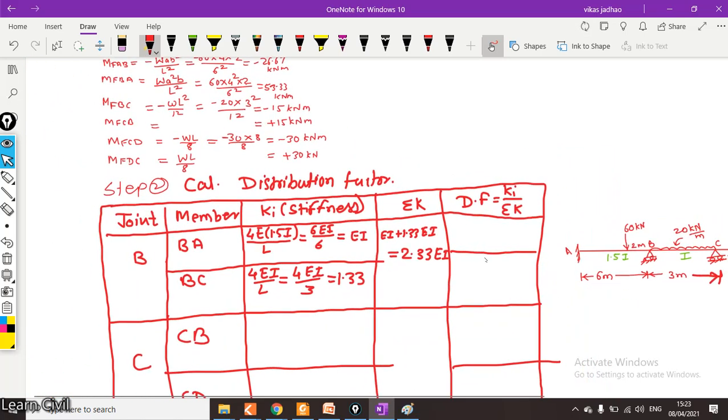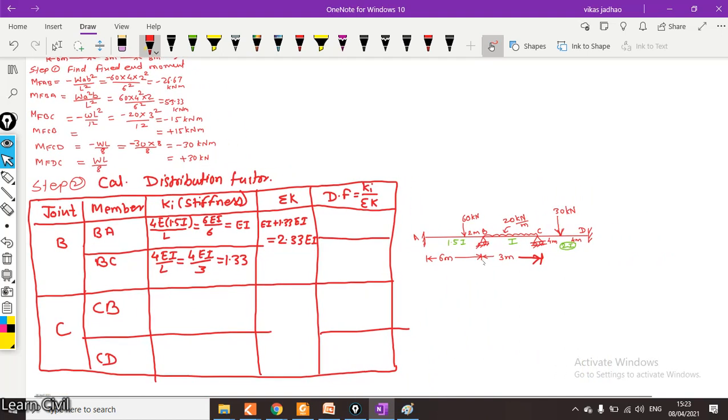The final distribution factor is given by K divided by summation K. Therefore, for BA it will be EI divided by 2.33 EI, which is equal to 0.43. Similarly, for BC the distribution factor will be 1.33 EI divided by 2.33 EI, which is equal to 0.57.